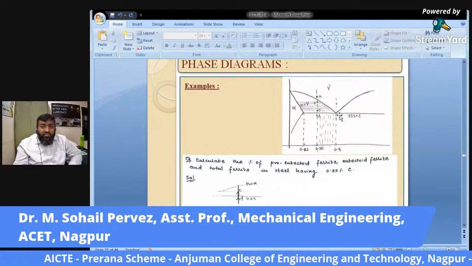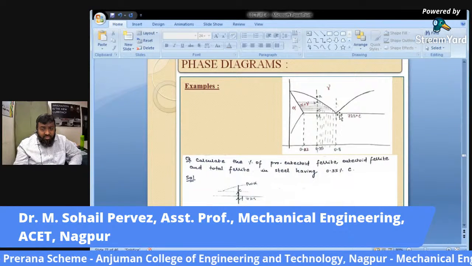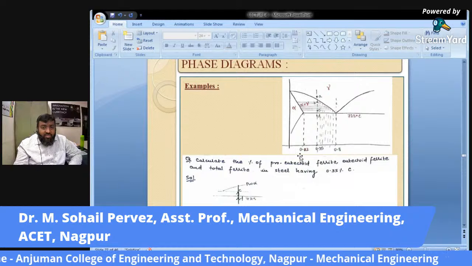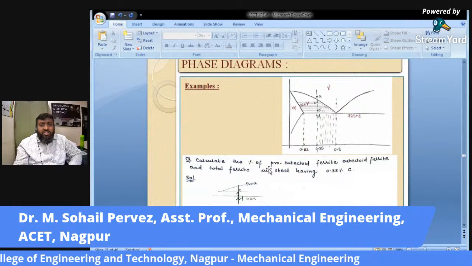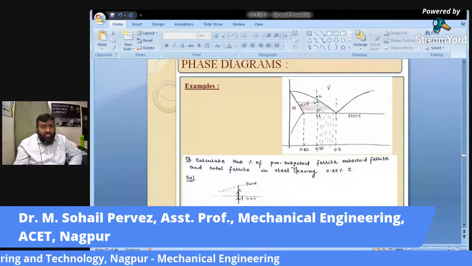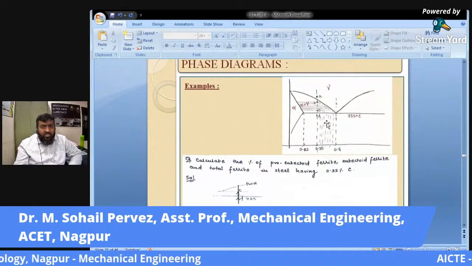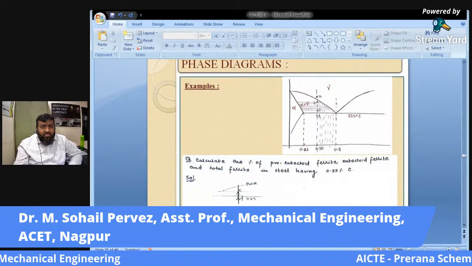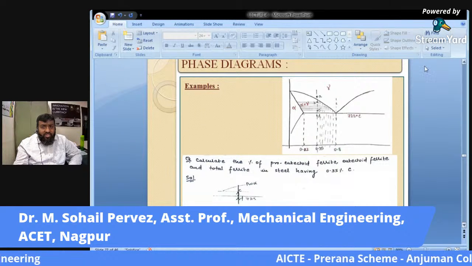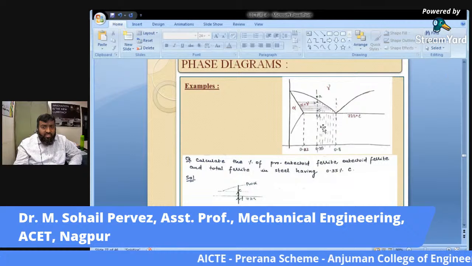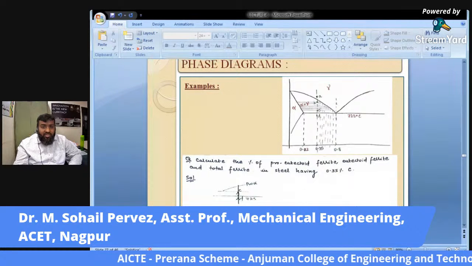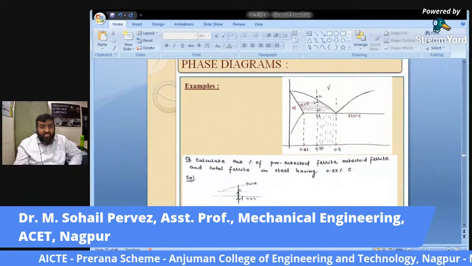So now we'll draw the basic inference from this element. Now calculate the percentage of pro-eutectoid. This is the eutectoid region, because the eutectic region is somewhere here, point A, and this is point B. So in this case, how to get this?